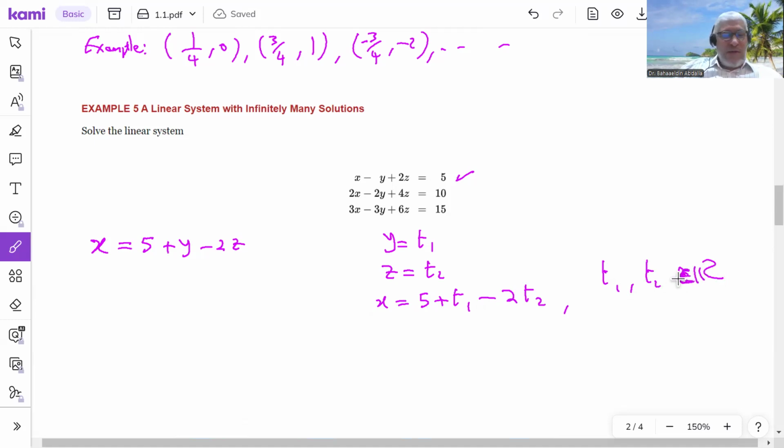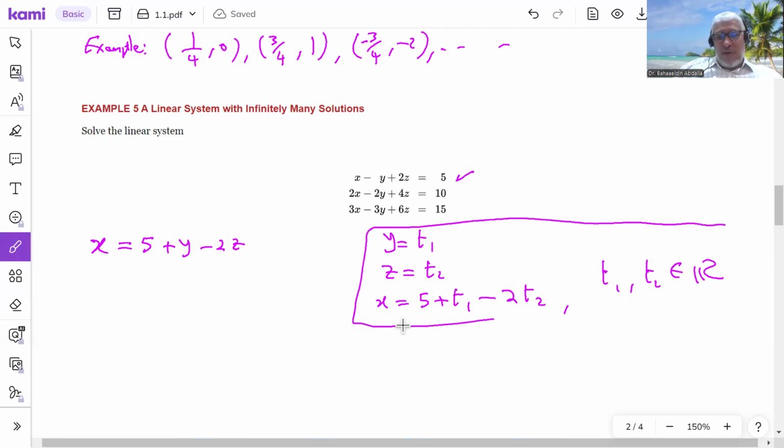So again here, I have infinitely many solutions, but not any solutions, only the solutions that satisfy these three conditions. So again, if you want to find some of the solutions, choose a value for t1 and choose a value for t2.